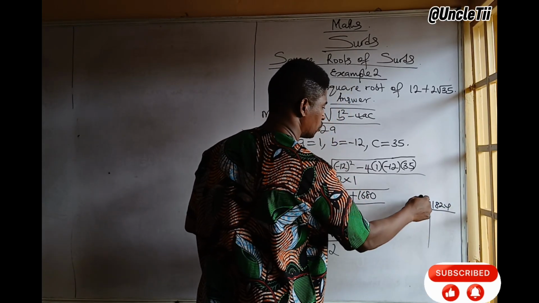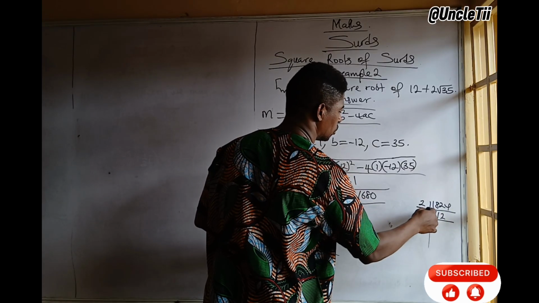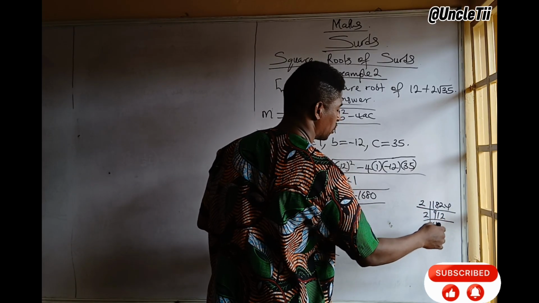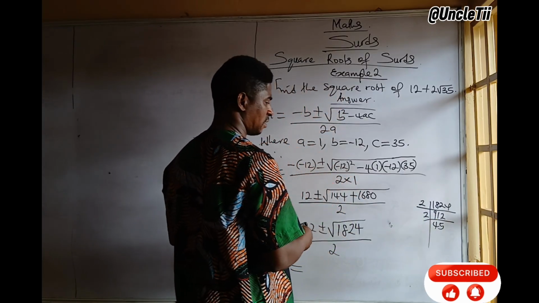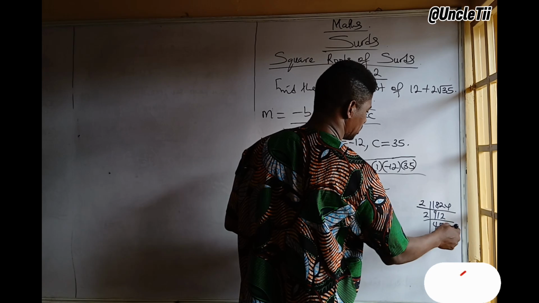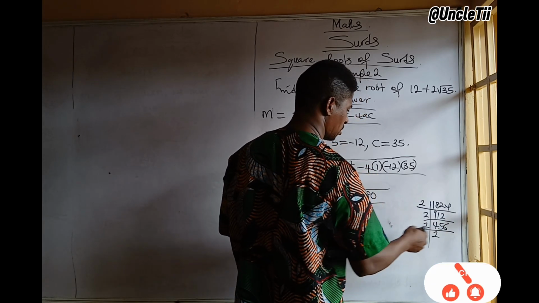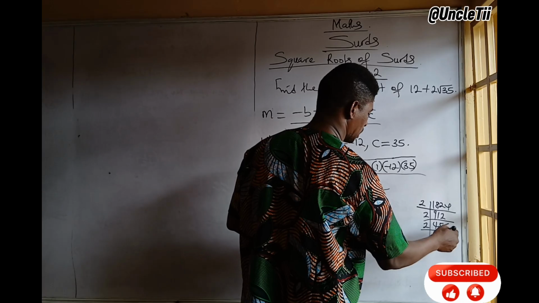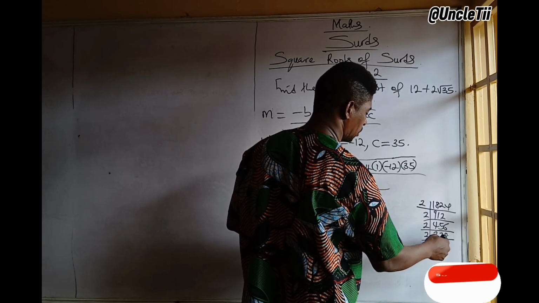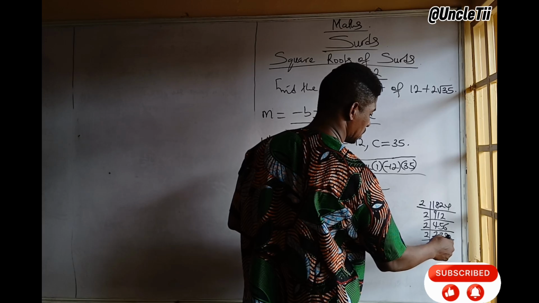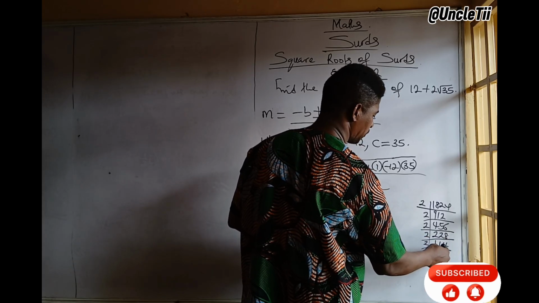1824. 2 can go, you have 9, 1, 2. 2 again we go, you have 4 remainder 1, 11, 5, remainder 1, here will be 6. 2 again, you have 2, you have 2 again, remainder 1, you have 8. 2 again will give us 1, 1, 4. 2 again, 5.